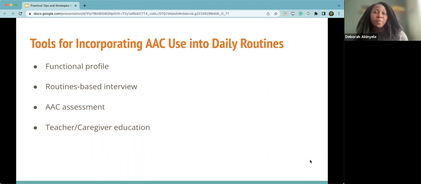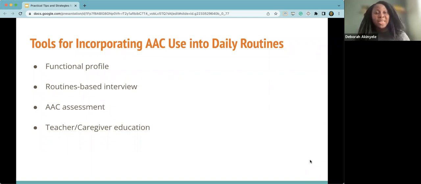And we really wanted to think about what is functional for the client and what is already a part of their day-to-day. And so if we want to teach vocabulary, we really want to look at what vocabulary they are encountering every day within their daily routines. And one of the ways that we're able to identify that is when we, again, know what those routines are.